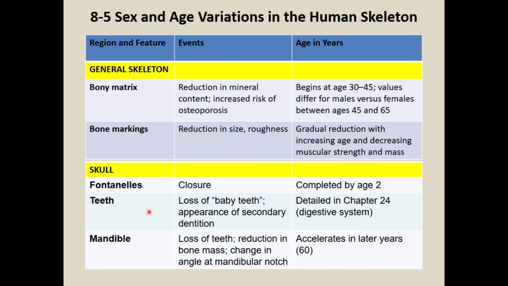It varies from one child to another. The wisdom teeth usually grow later, during puberty. But later on, due to osteoporosis, and also possibly due to diseases of the gum, the patient may lose their teeth. So by age 60, the teeth start falling.